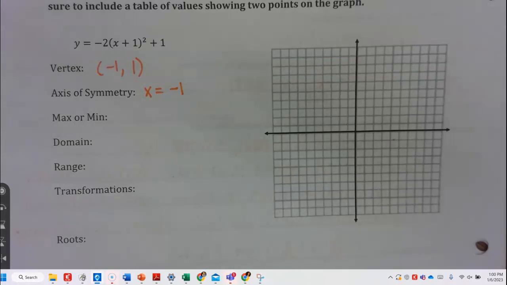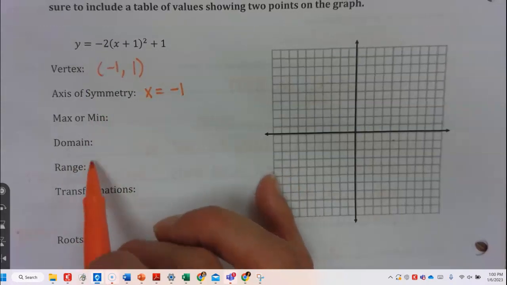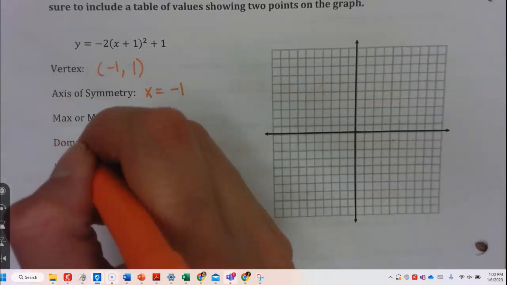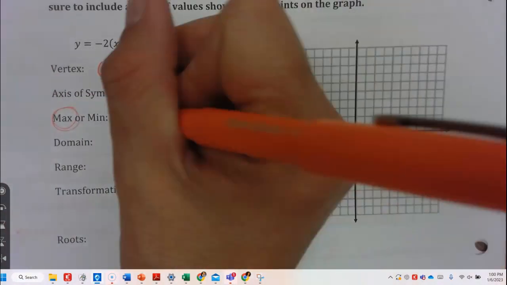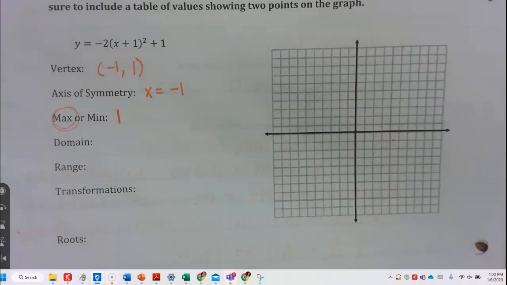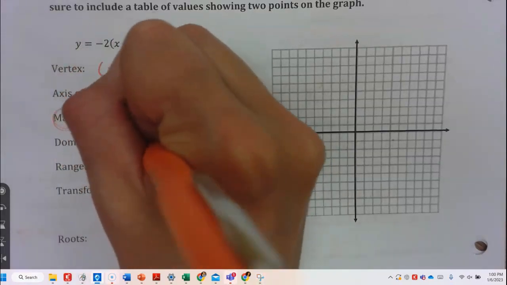If the A value is negative, my graph is opened down like a frown, which means I have a max. The max is always at k. So in this case, it is at 1. And then domain is always all reals.